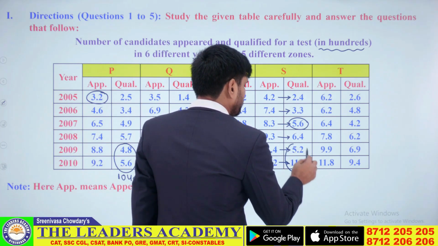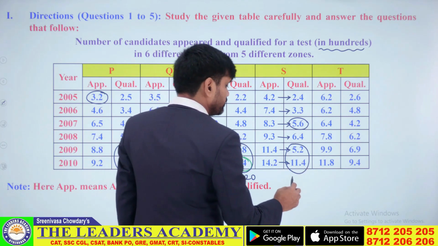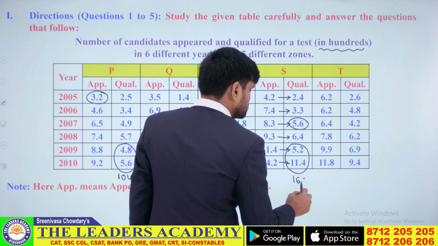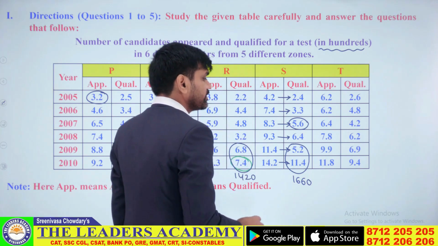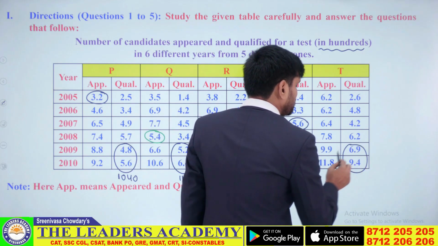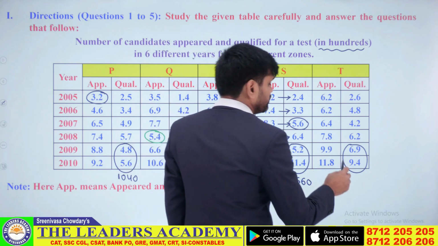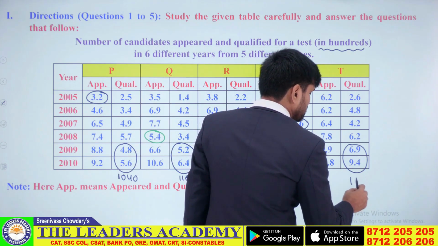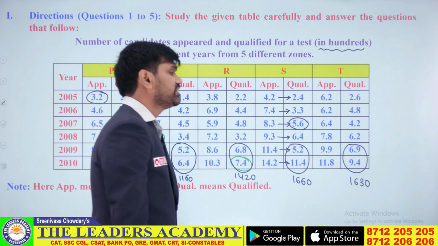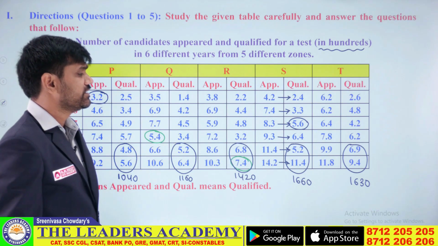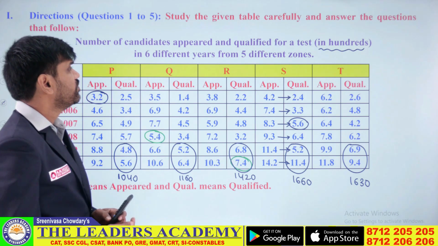Next, 520 plus 1140 will give you 1660. Next, 690 plus 940 will give you 1630.